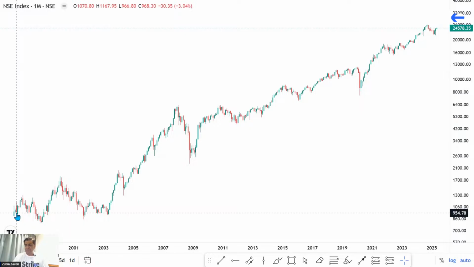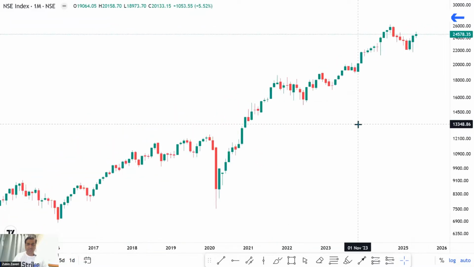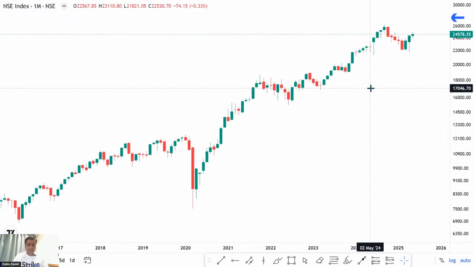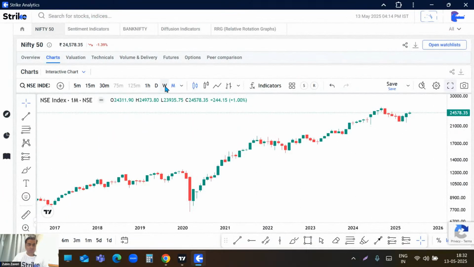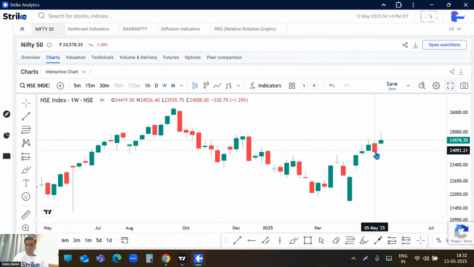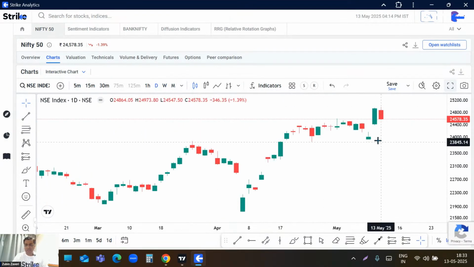So basically, when has war happened? The first thing, recently, that we know, was ongoing last week. If we see, last week was a red candle, and this red candle was nothing but this gap down opening.